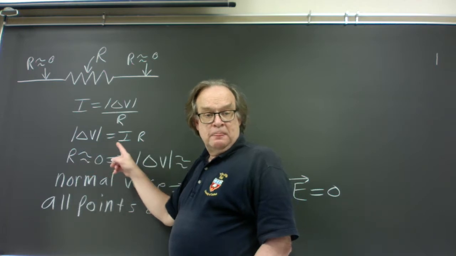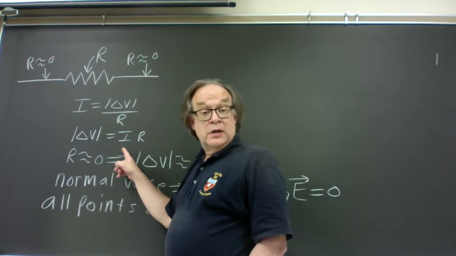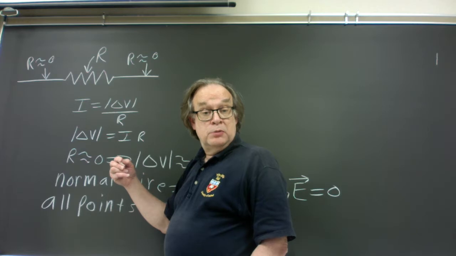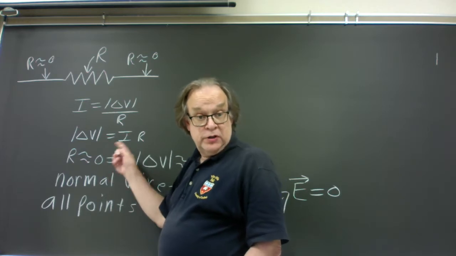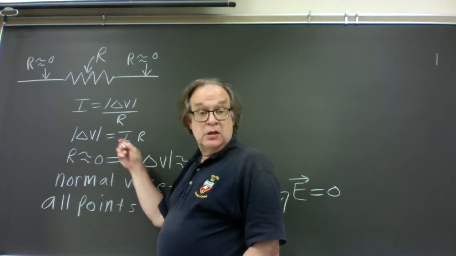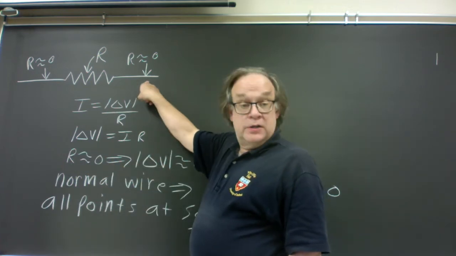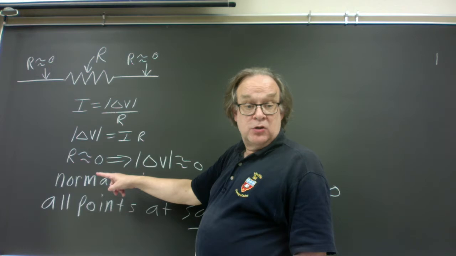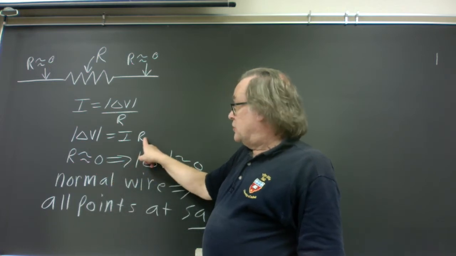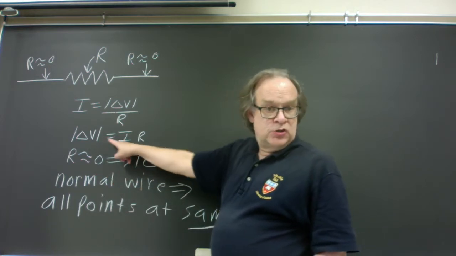Potential difference equals the current that flows between the 2 points that have that potential difference times the resistance between those 2 points. But for good conducting wire that has approximately zero resistance, well, if that term is zero, then potential difference is zero.